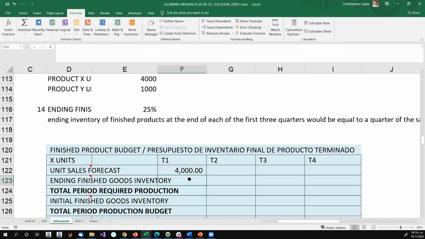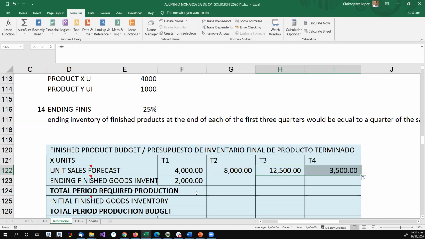So that means that I need to multiply 25%, and I fix that cell, by the sales forecast of the next period. I'm going to do it like this because all I need to do is just drag my cells like this, and I have it already completed, okay?